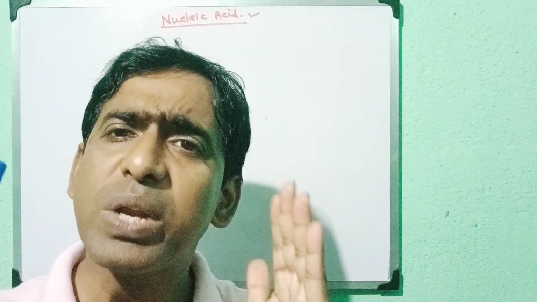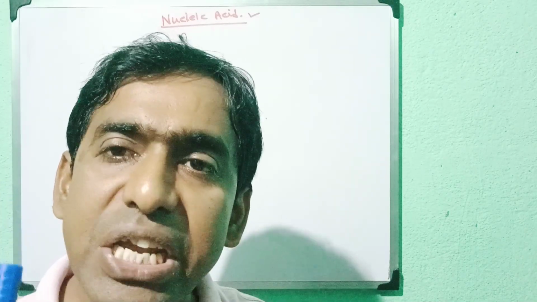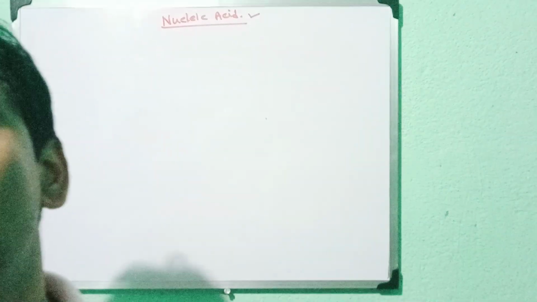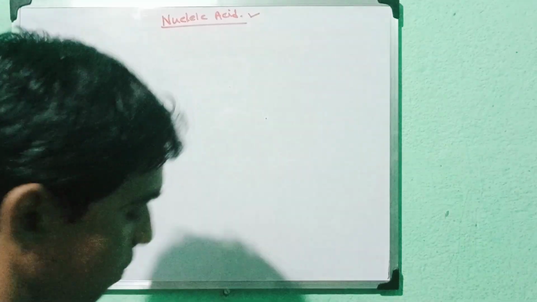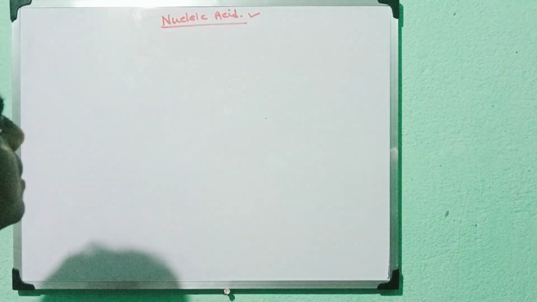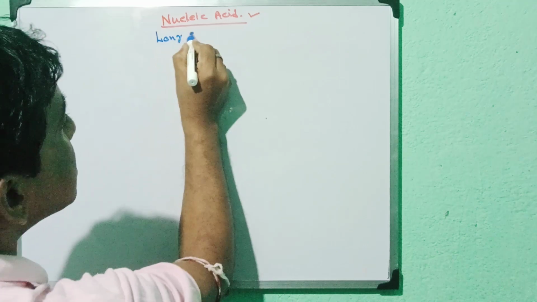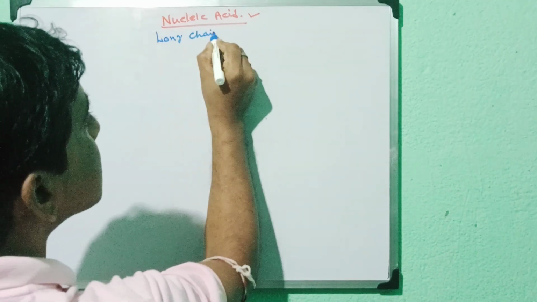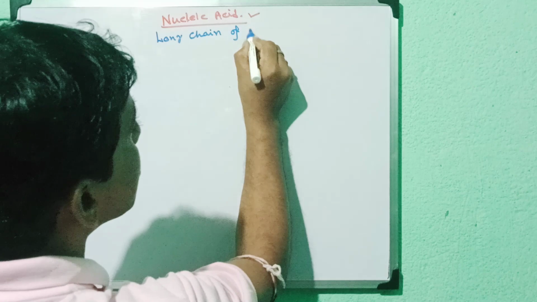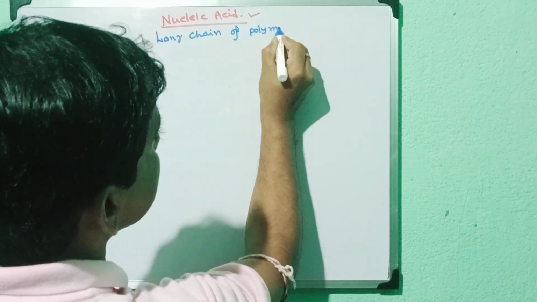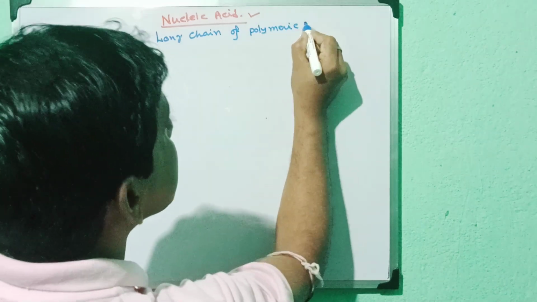So, nucleic acid is a long chain of polymeric molecules.